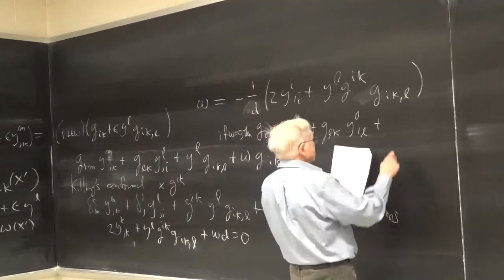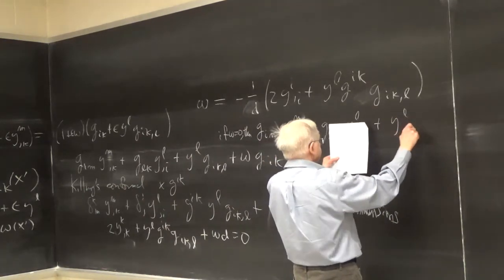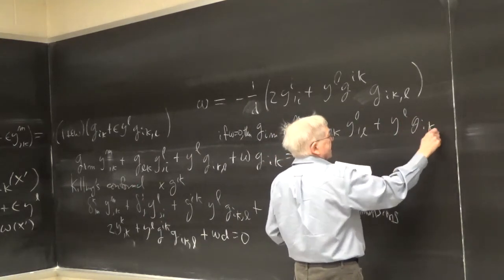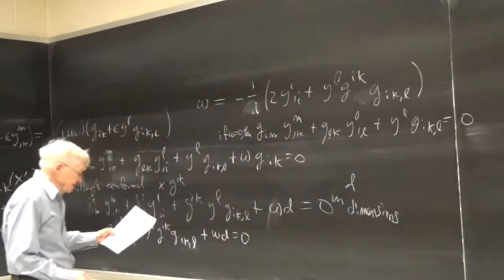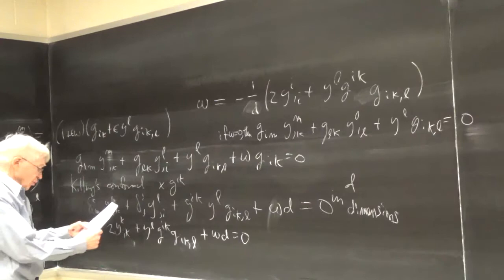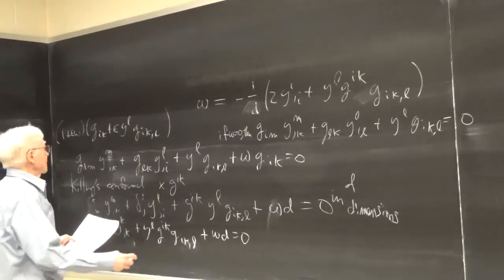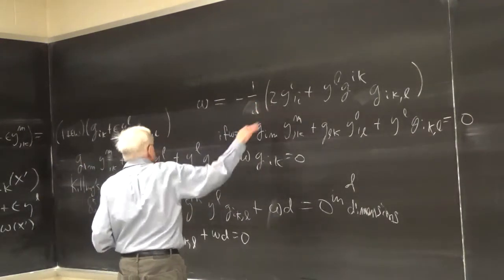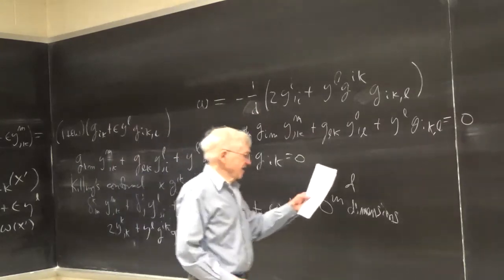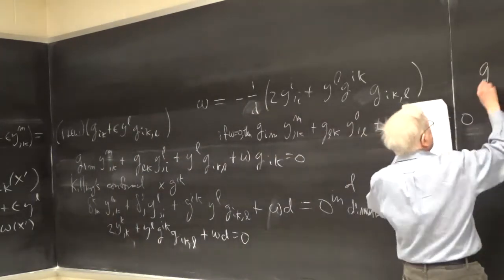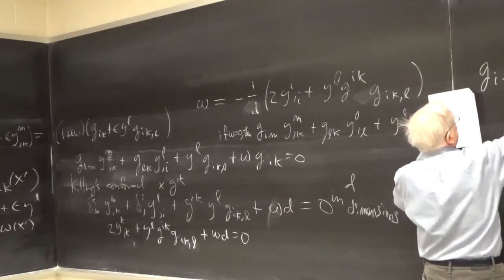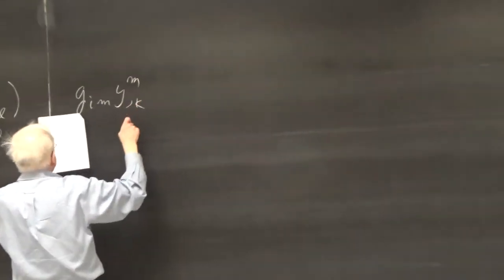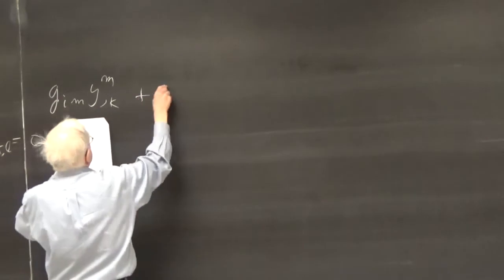So this equation is plus y^l g_ik,l equals 0. So this is the condition when omega is actually 0, but more generally, of course, it's whatever you get by substituting that in there, and I might as well write it down since we're going to use it one way or another.